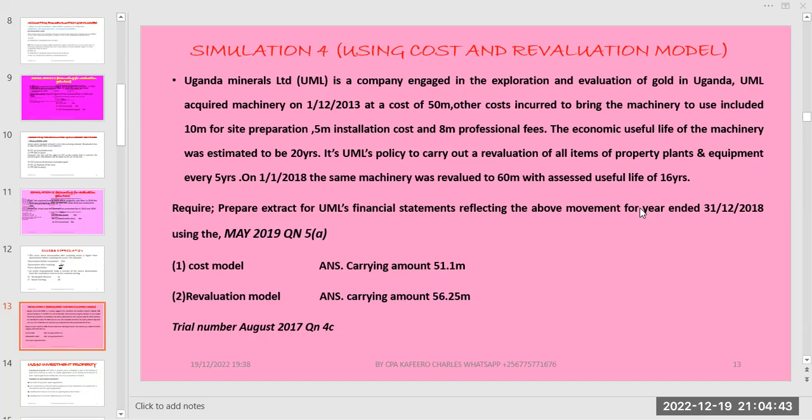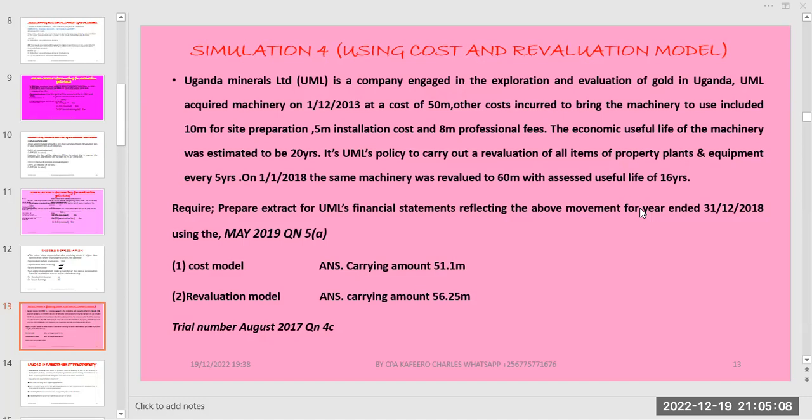The other one is the administrative costs that we may incur. We've been training staff on how to handle the item. We've installed a new machine and people need to be trained. They are relevant costs, but as far as determining the cost of the asset is concerned, they are irrelevant.